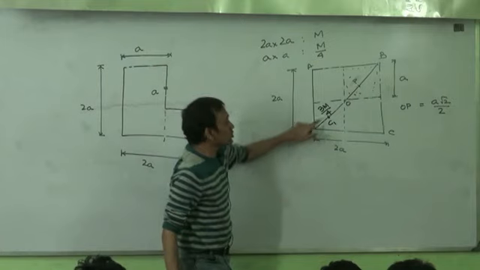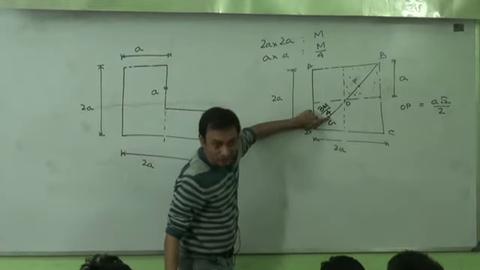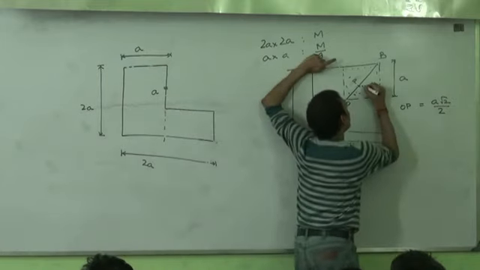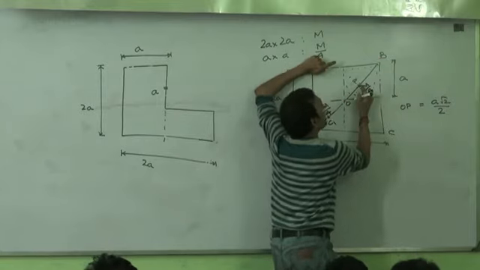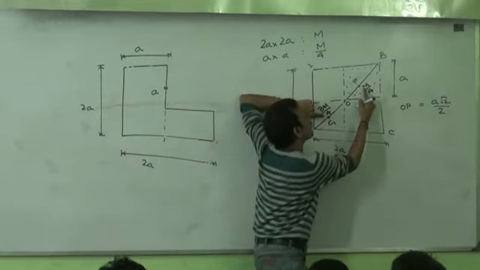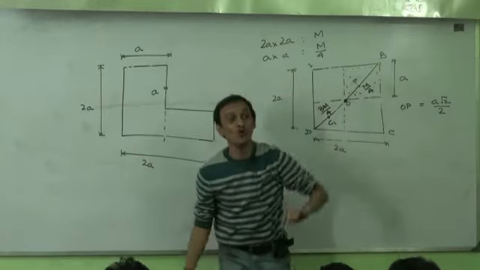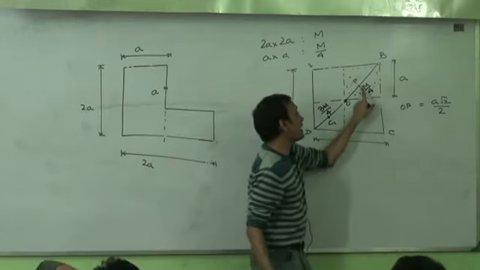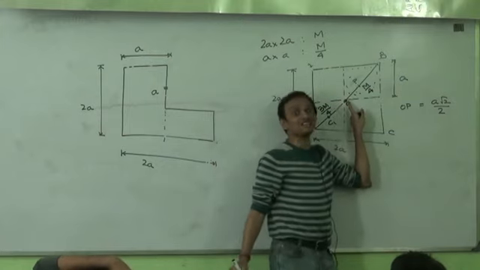So 3M by 4 has its center of mass at C1, M by 4 has its center of mass at P, and the center of mass of 3M by 4 and M by 4 lies at O. Yes or no?